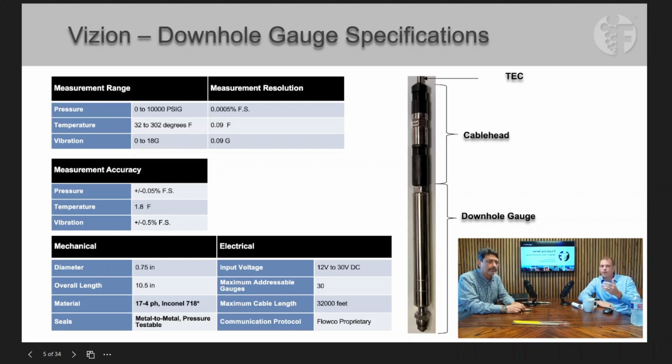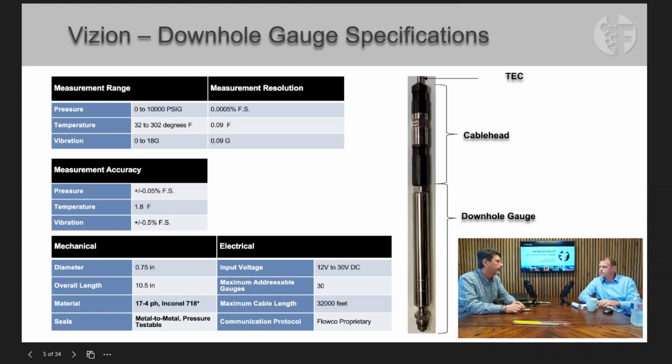Juan, why don't you tell us a little bit about the gauge that we're going to discuss today? Our Vision Flowco gauge is rated to 10,000 psi, 150 C or 302 degrees F. It can measure vibration up to 18 Gs. Pressure resolution is 0.005%, which equals 0.05 psi.